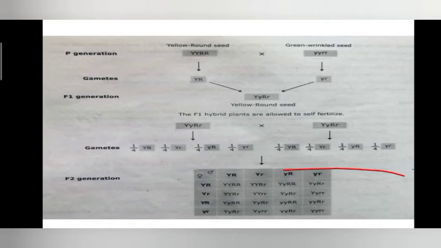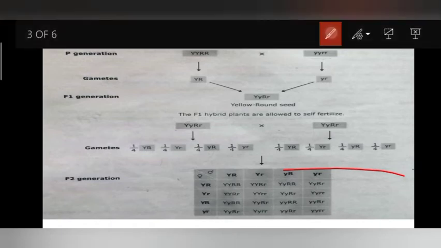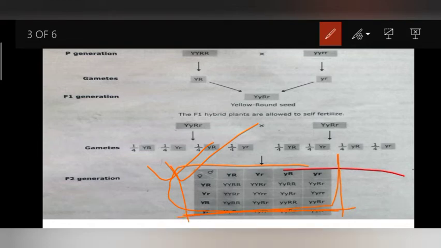Now, when F1 hybrid plants are crossed with each other and allowed to self-fertilize, the F2 generation forms, represented in the following figure. The outcome of the dihybrid cross makes it very clear that segregation of seed color is independent.